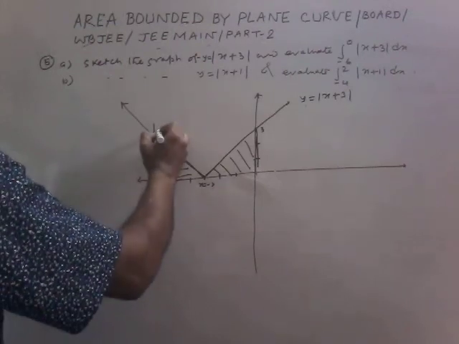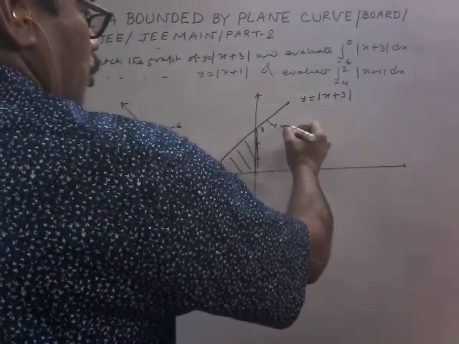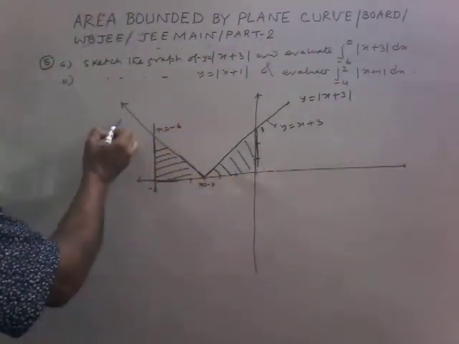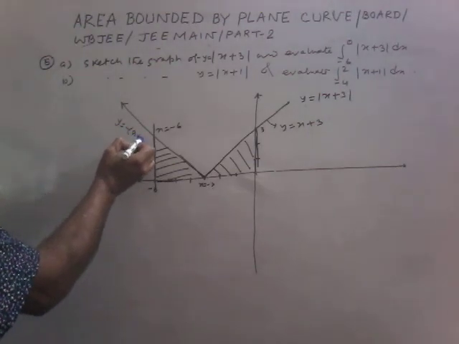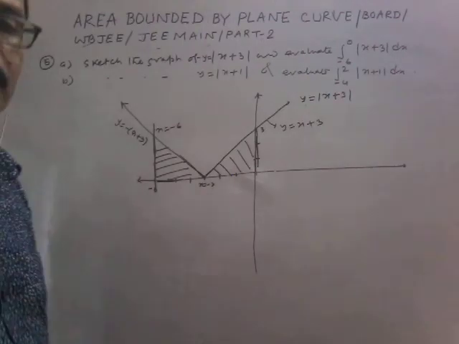So this is x equals minus 6 and this is x equals 0. So the area of this part: for x greater than minus 3, this is positive, and this is y equals minus x plus 3, because for x less than minus 3, mod is minus.